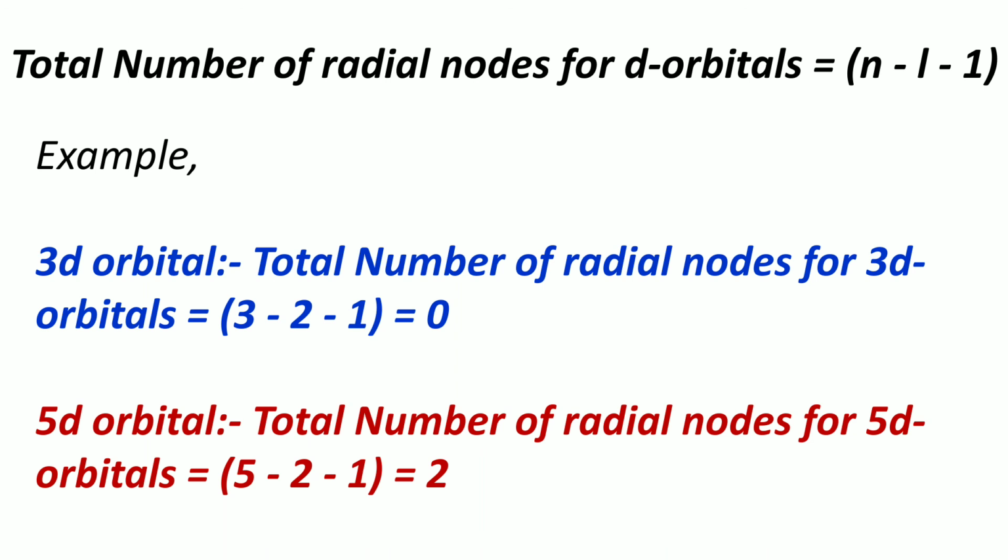Putting these values, we get 3 minus 2 minus 1, which is finally 0. So the total number of radial nodes for the 3d orbitals is 0. But in the case of 5d orbitals, the principal quantum number is 5 and the azimuthal quantum number is the same as for 3d, that is 2. So 5 minus 2 minus 1 gives finally 2. So 2 radial nodes are there for the 5d orbital.